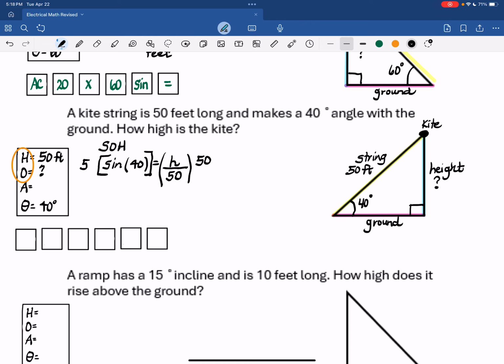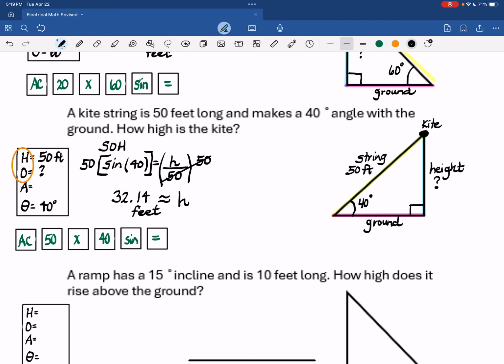And we're going to put that on both sides, cancel it on this side. So you're left with the height of the kite is, let's plug it in the calculator, all clear, 50 times 40 sine equals, and our answer is approximately 32.14 feet.